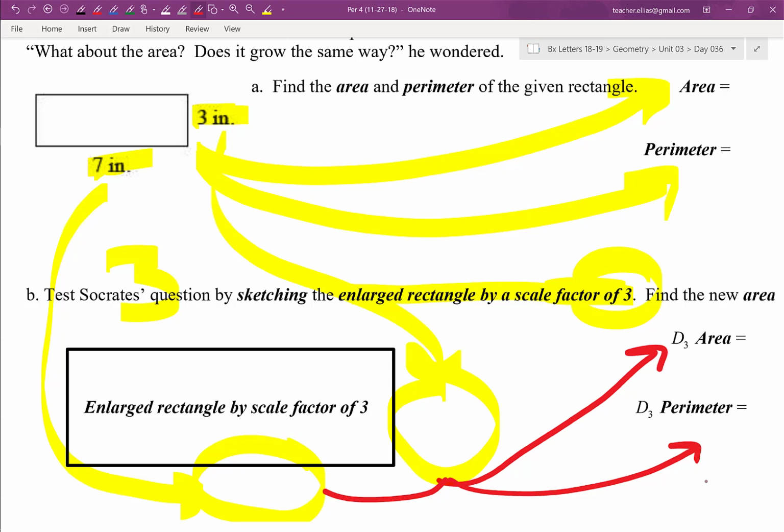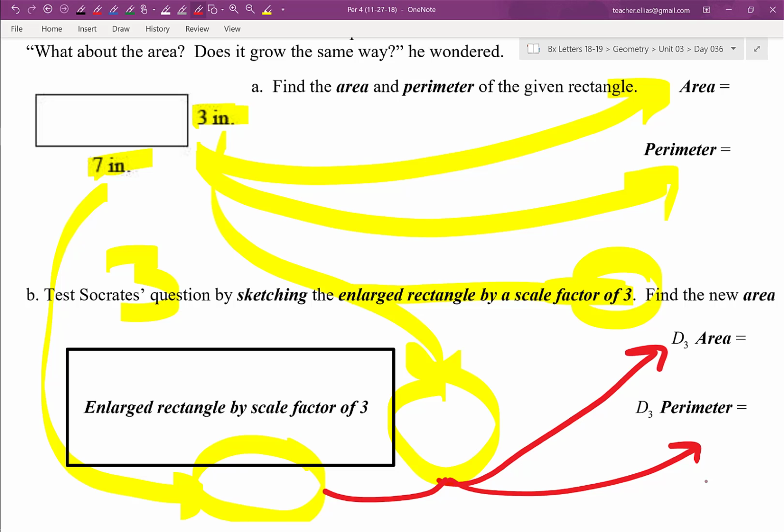Is that what happened to area? This is correct. What you have on your paper is right. So, does the area triple? Something else is going on. Now you can answer that. It doesn't triple though. Something else is happening.